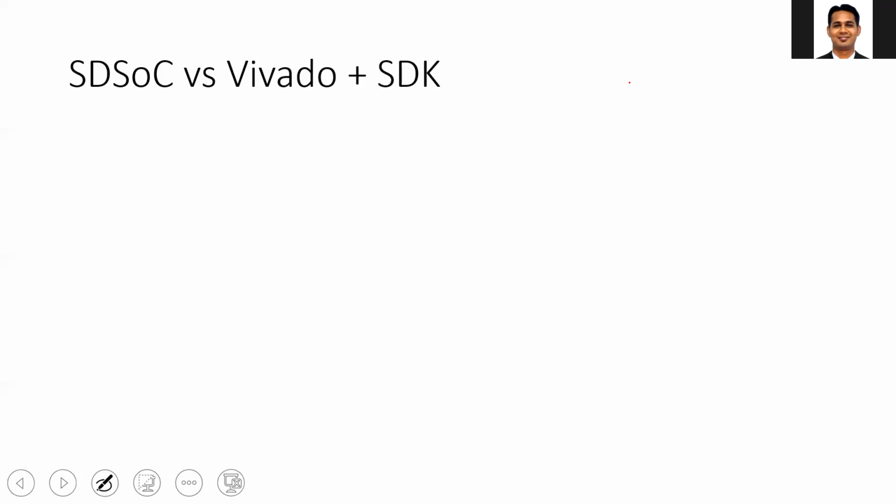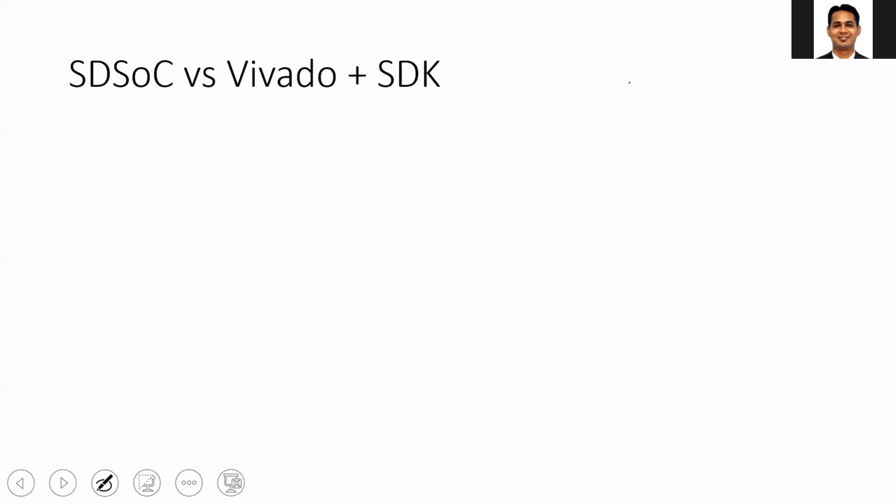But when we have the Vivado SDK design flow, your Vivado is a separate software, SDK is a separate software, and you need to export your hardware design from the Vivado to SDK, and that limits the emulations what you can perform using this flow.